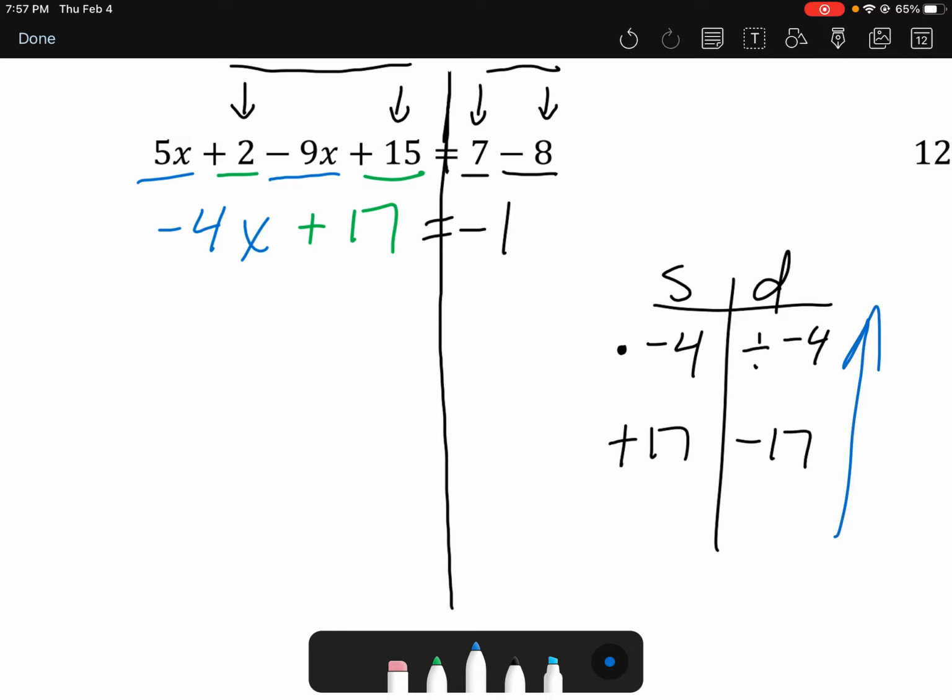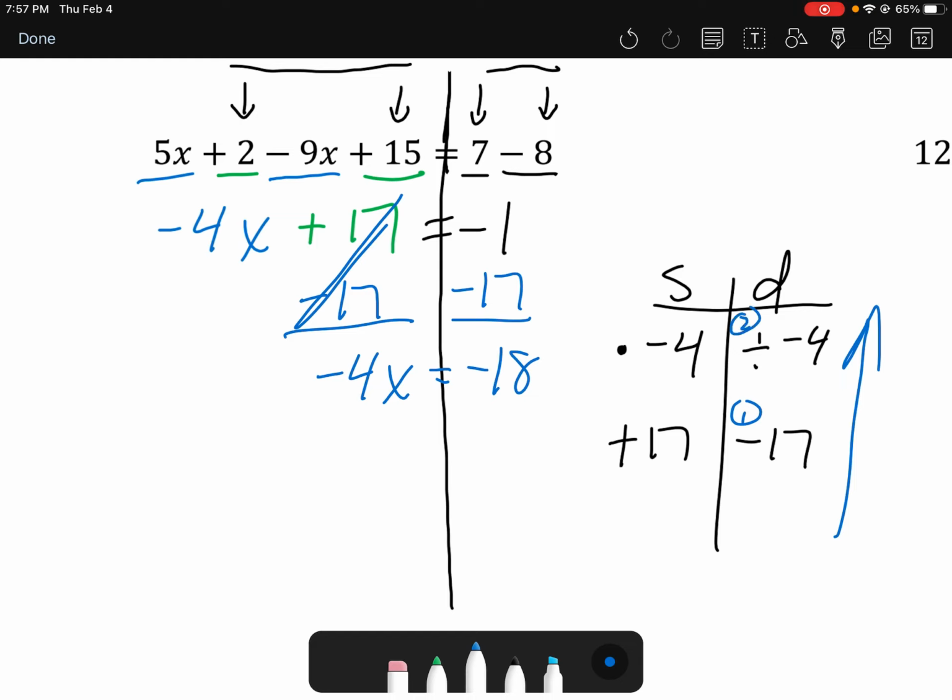Again, when solving, we're going up this way. So my first step says I need to subtract 17 from both sides. When I subtract 17 over here, these two are just canceling each other out, giving me -4x is equal to -1 minus 17, or -18. My second step says to divide by -4.